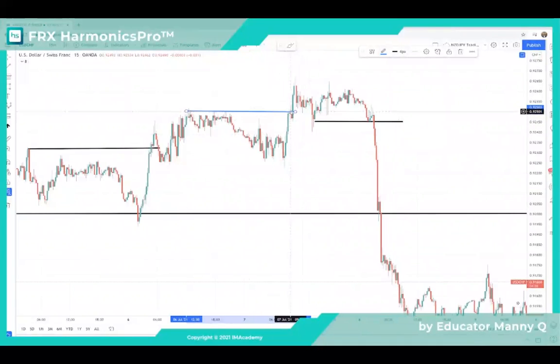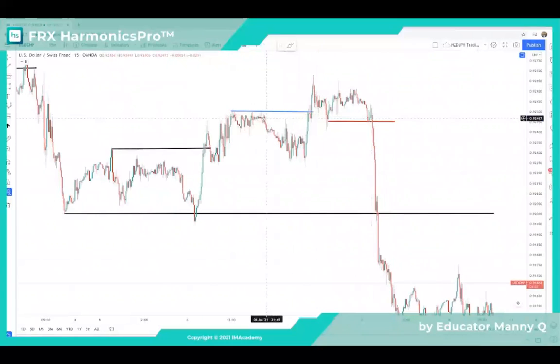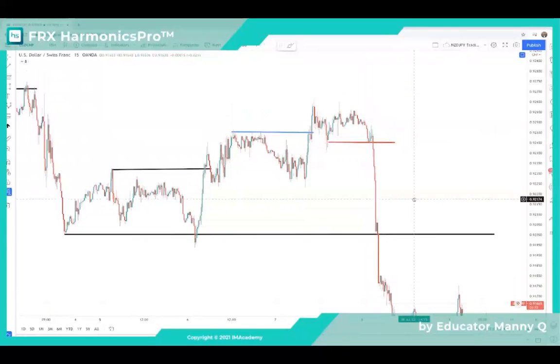Anywhere where price is breaking out the high, that is a breakout. Anytime price is breaking out the low, that is a breakout. So those breakouts are not just ways that you can identify to see what the market is doing. If you're reading the market correctly, this can also be a trading idea for you as well. This is known as a breakout trade.